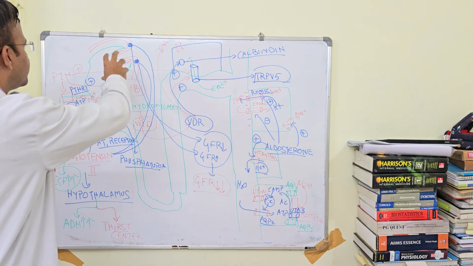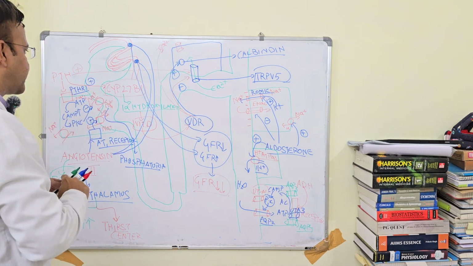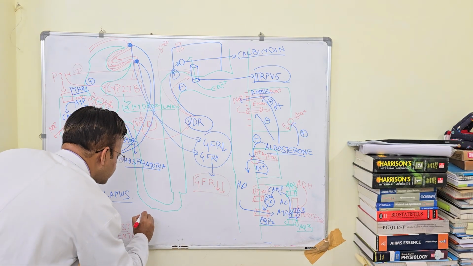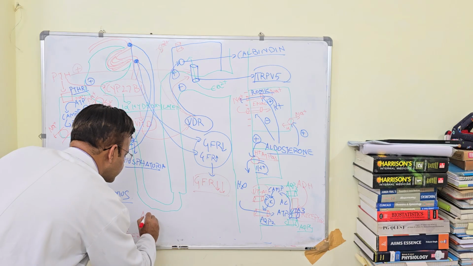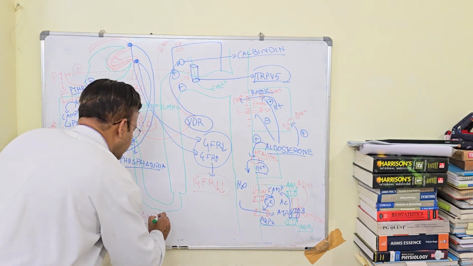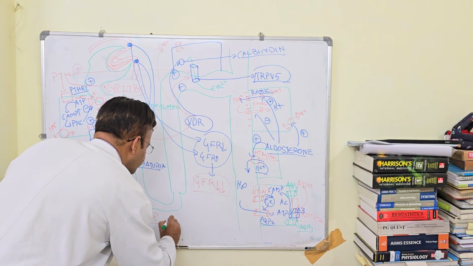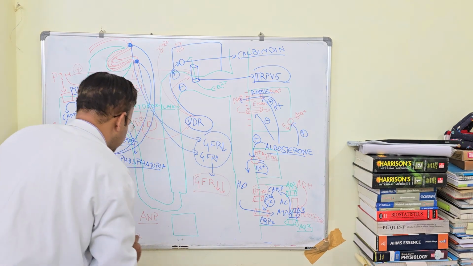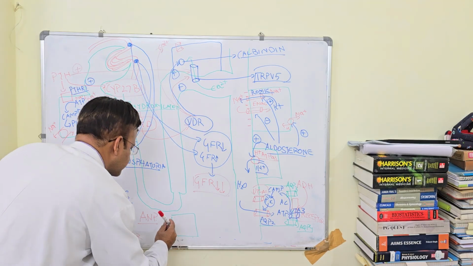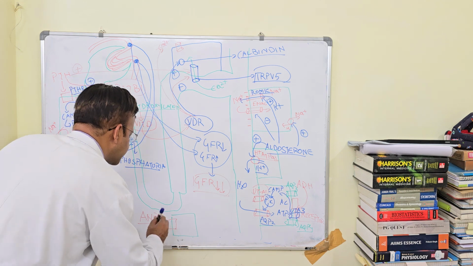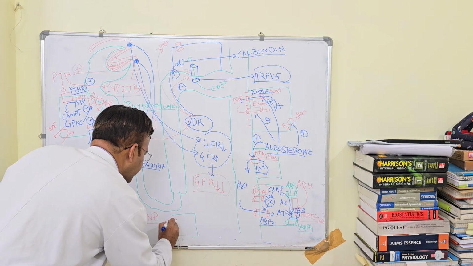Now we will draw one cell of this artery over here. This ANP will act on which receptor? The NPR1 receptor.